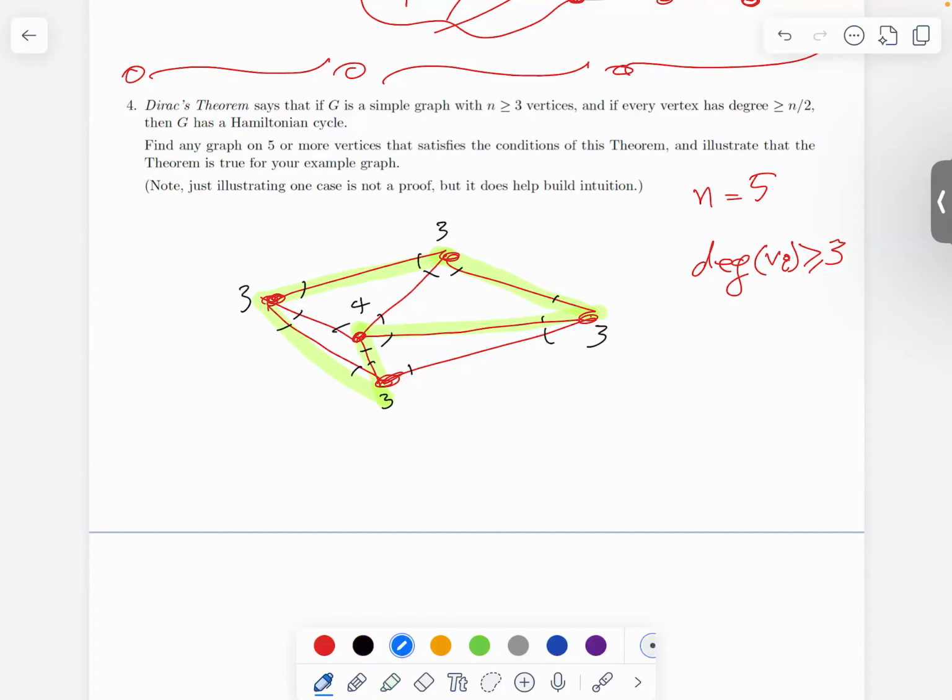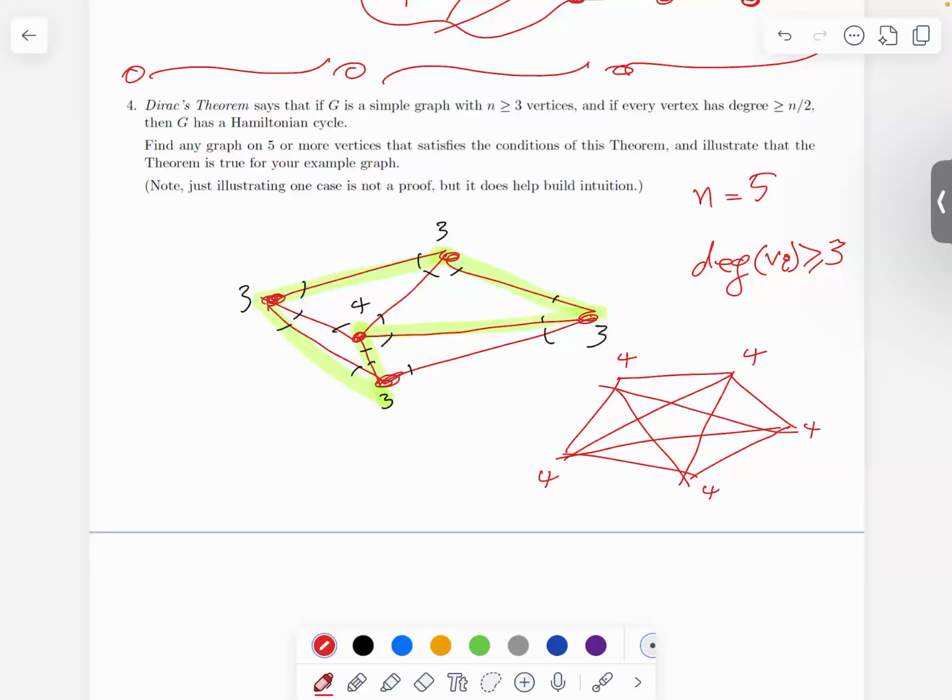The other example: okay, all right, so every vertex has got degree 4, which is more than 3. So this is the complete graph K5.